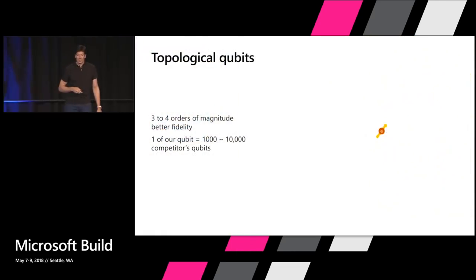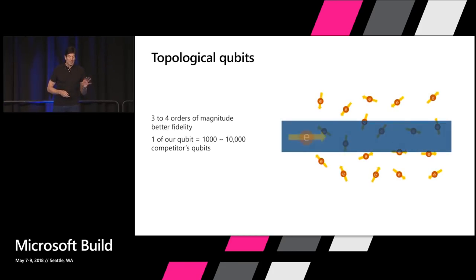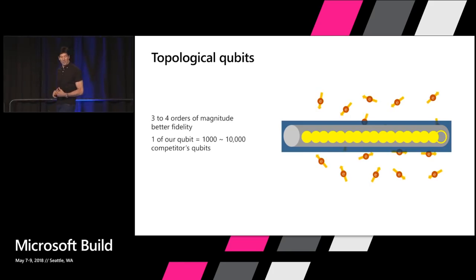The key to this, by the way, that makes our approach different is that we're working on something called a topological qubit. If you compare what we're doing with the qubits of the other approaches, ours are 3 to 4 orders of magnitude more stable, and that means we can create quantum computers that are vastly larger and run them stably and come up with good answers.